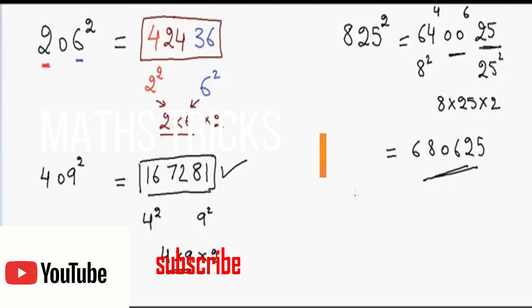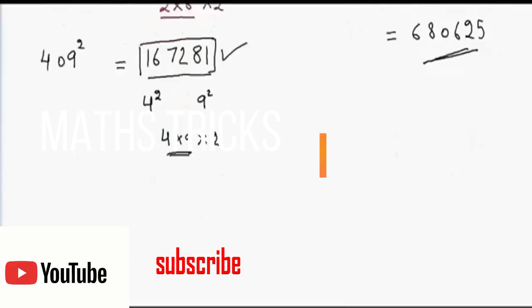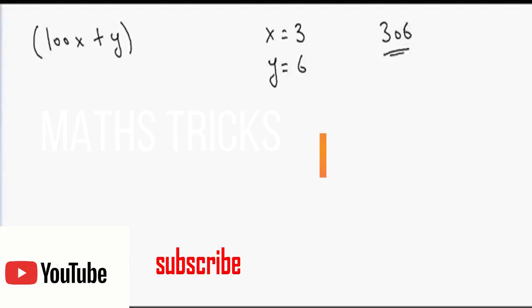Now let's look into how this trick works. Any 3-digit number can be written in the following form: 100x plus y. So if x is equal to 3 and y is equal to 6, then it will be 306, right?